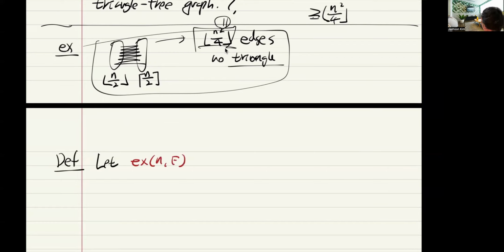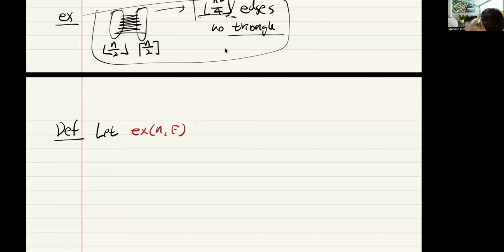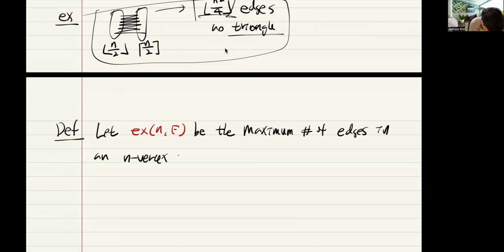So to facilitate our discussion, we define this function. We write ex(n, F) as the extremal number of F, the maximum number of edges in an n vertex graph which does not contain F as a subgraph.